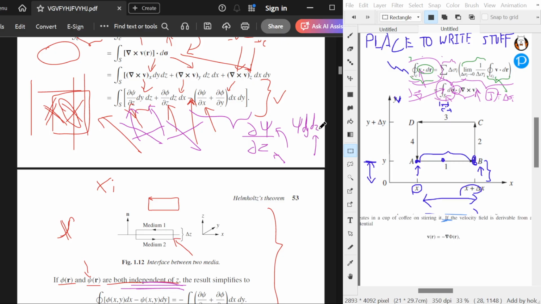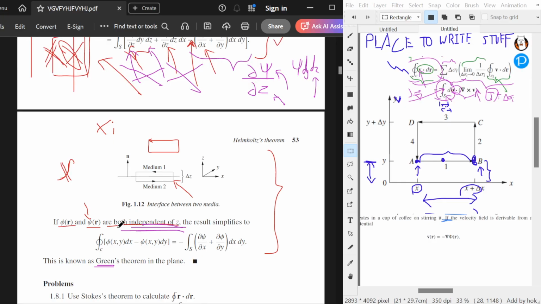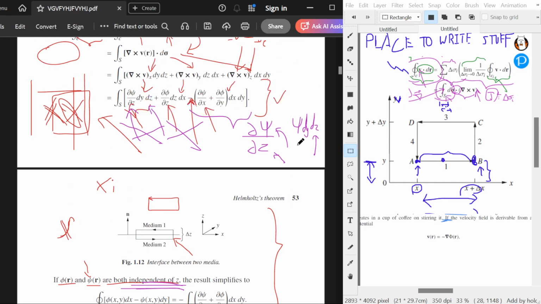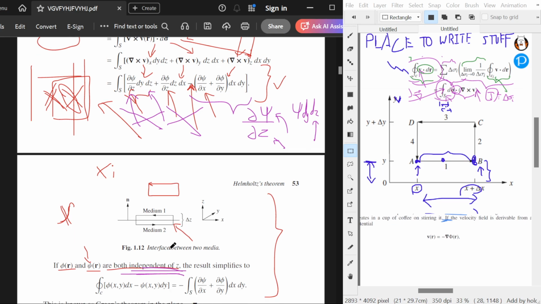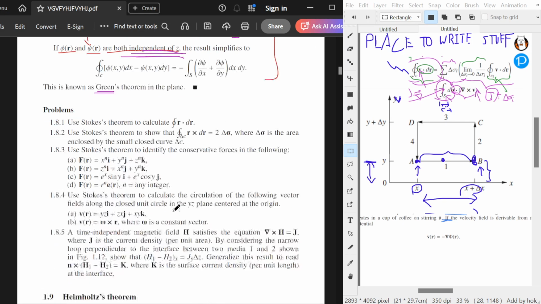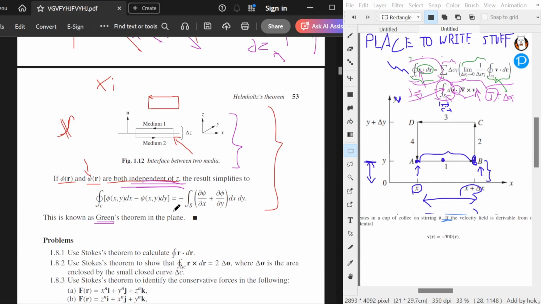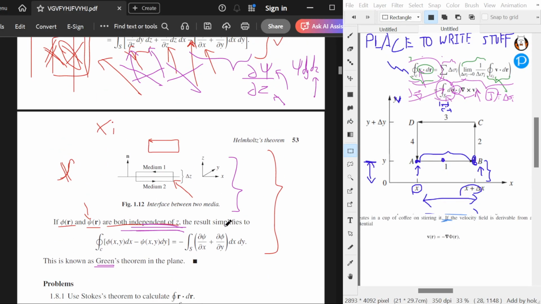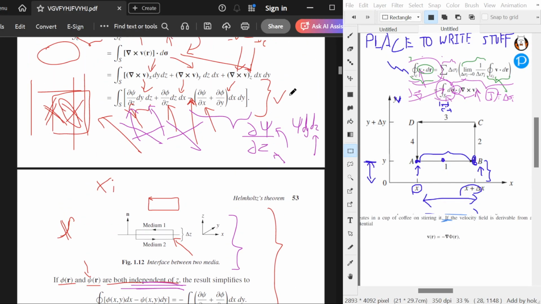What do we do about this dz though? Well, independent of C. What is this dz then though? Interface between two. What is going on here? This is getting weird.